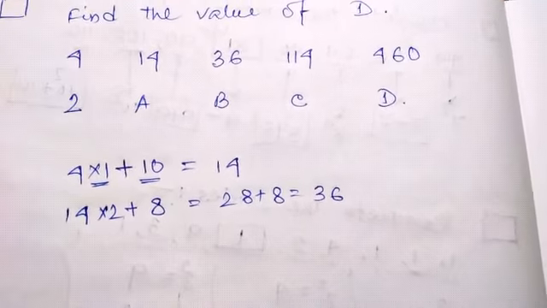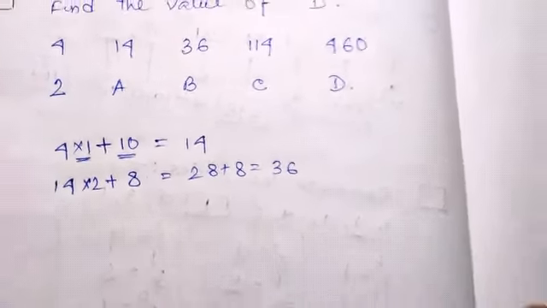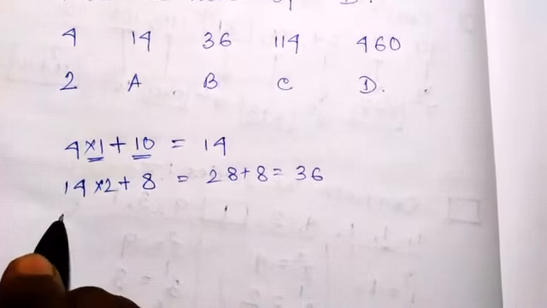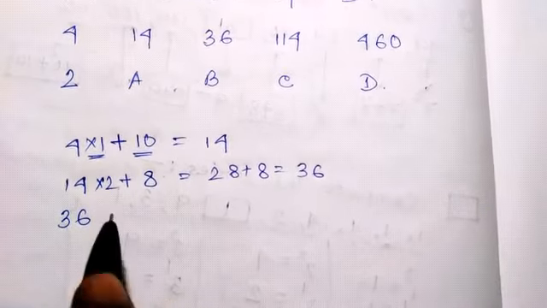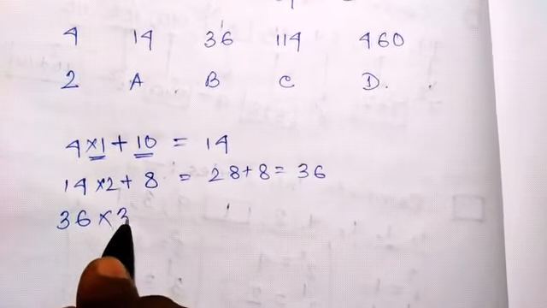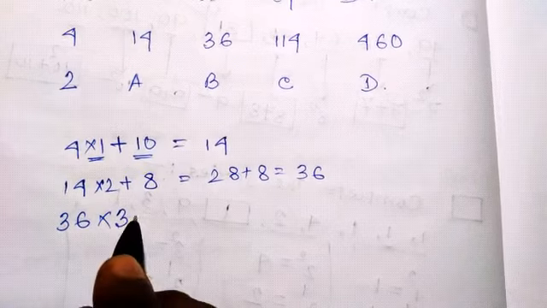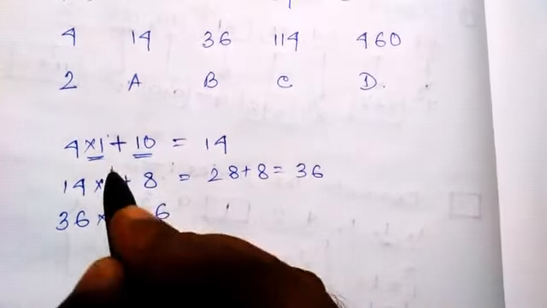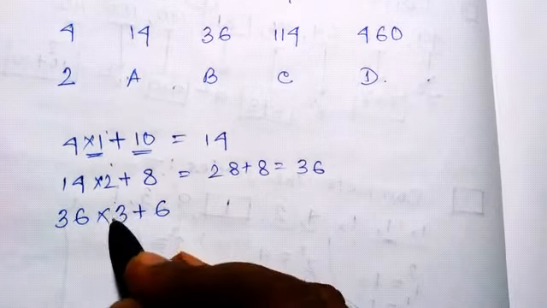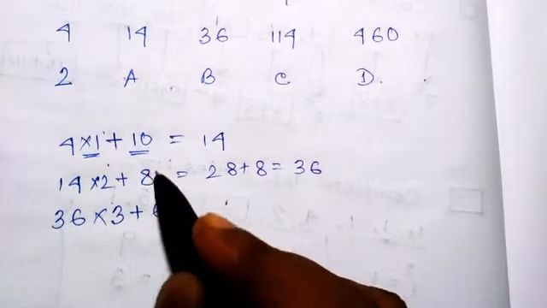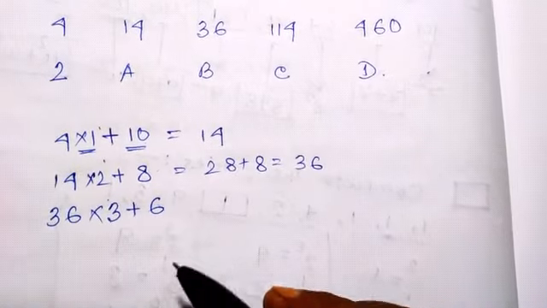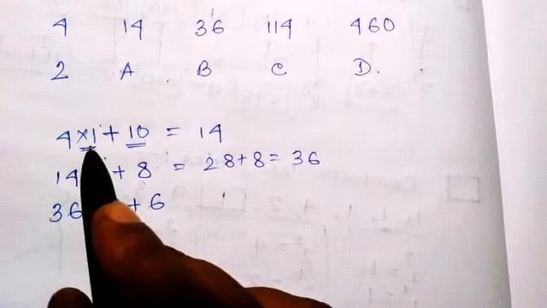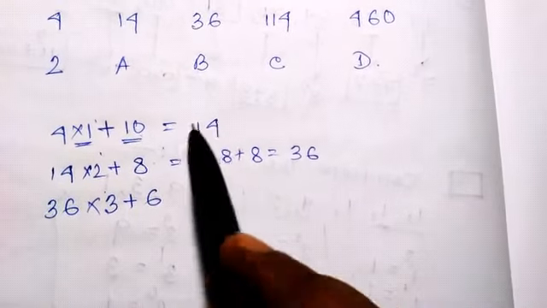Look at the sequence, it is an alternate sequence. The next term, from this 36, will be multiplied by 3 and then 6 added, because the multiplier 1, 2, 3 increases by 1, and the added number 10, 8, 6 decreases by 2.